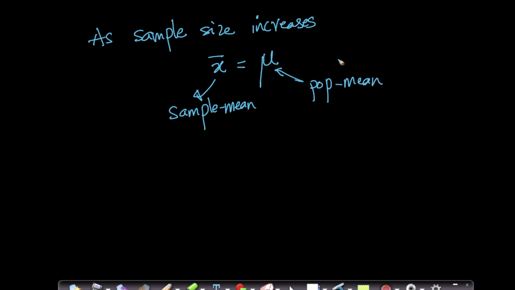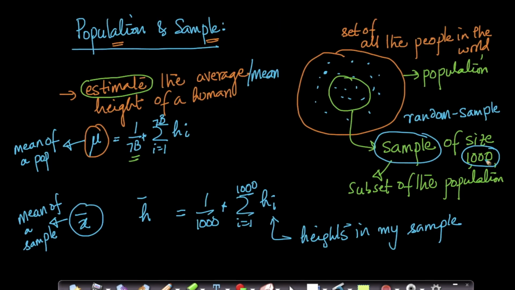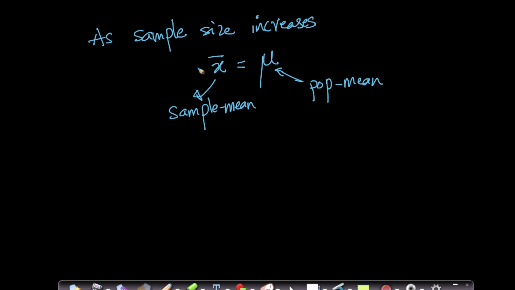This is your sample mean, right? Instead of 1,000 people, if you take 1,000,000 people, as the sample size increases from 1,000 to 1,000,000, your sample mean will converge towards the population mean. It will become closer and closer to your population mean.